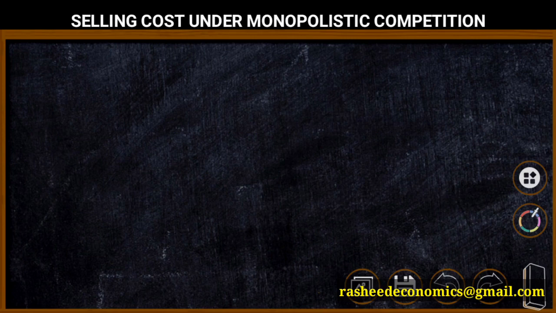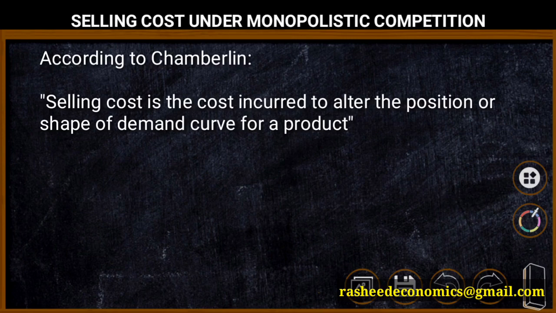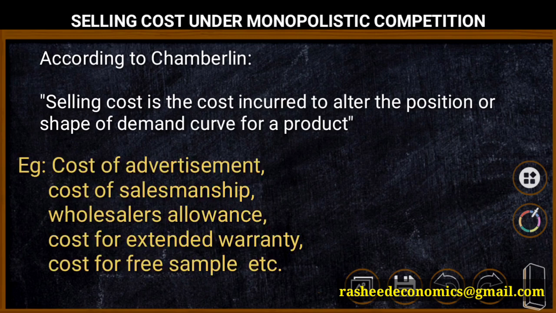First of all, we are defining selling cost. According to Chamberlain, the expenditure incurred to alter the position and shape of the demand curve of a product is known as selling cost. The cost of advertisement is an example of selling cost.